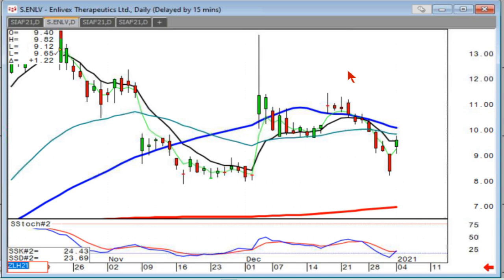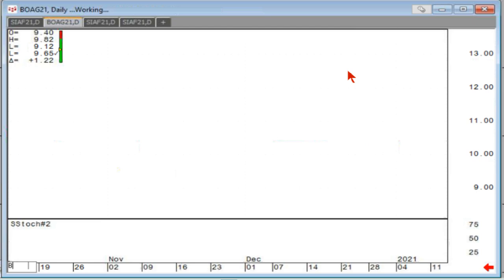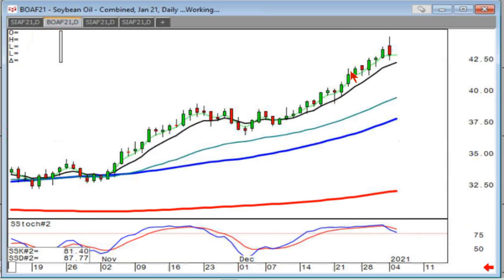Is it BO? Well, that's a TradeStation. Oh, okay, one more, and then I'll have to realize I don't know what I'm doing.